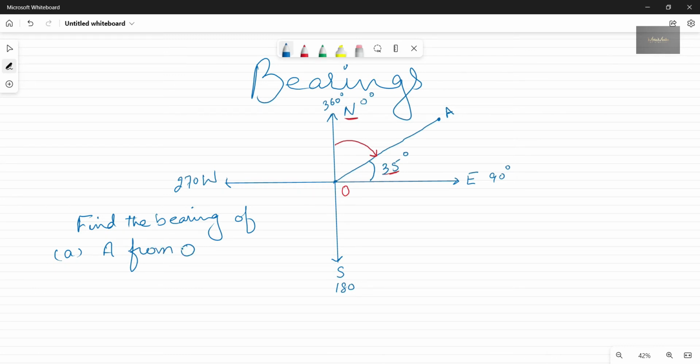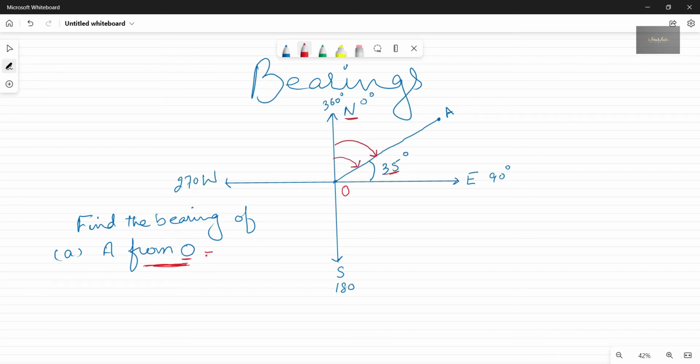Always remember that you will make the bearing angle at the point after the word from. Like in this question we have O after the word from, so we'll make an angle from O. So this is the answering angle of bearing.